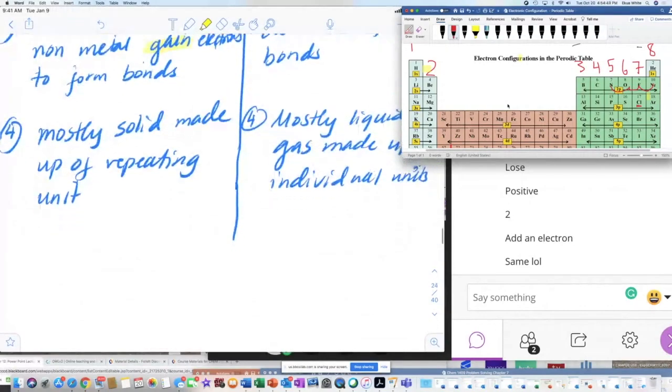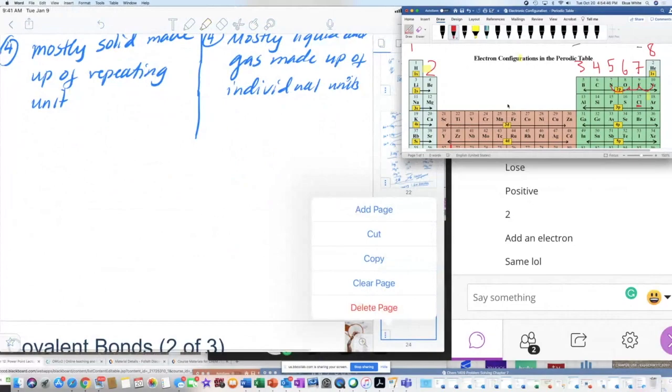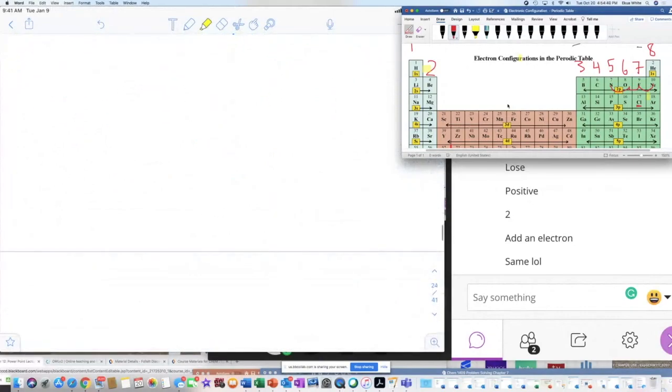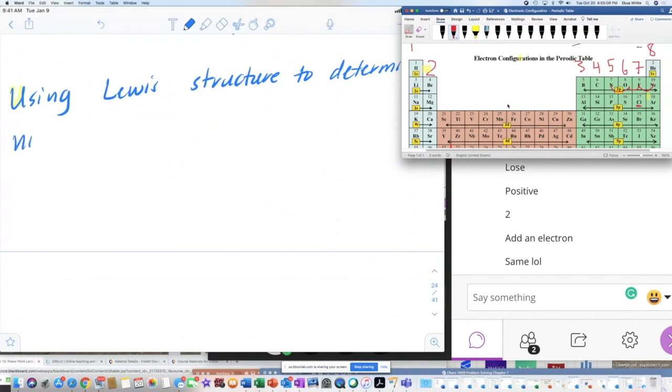Before I start forming bonds, which will be my focus for today, I want to use Lewis structures to determine the number of covalent bonds formed.